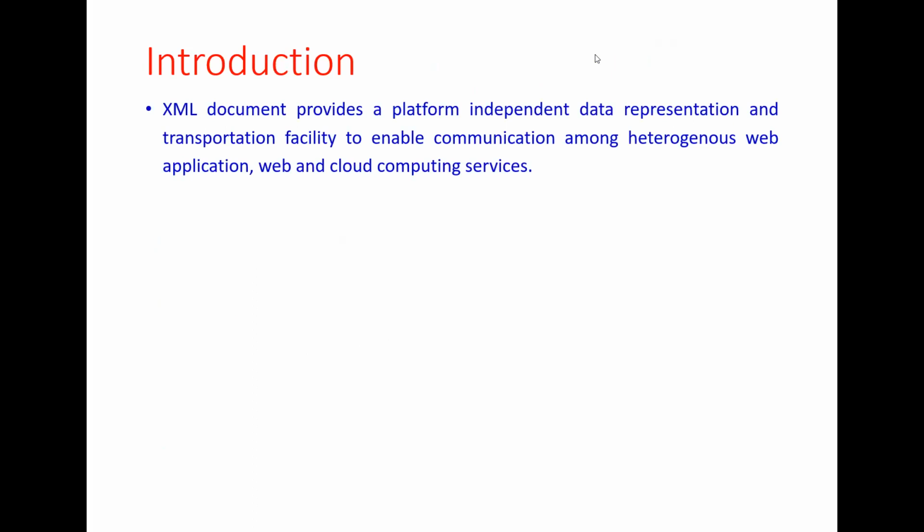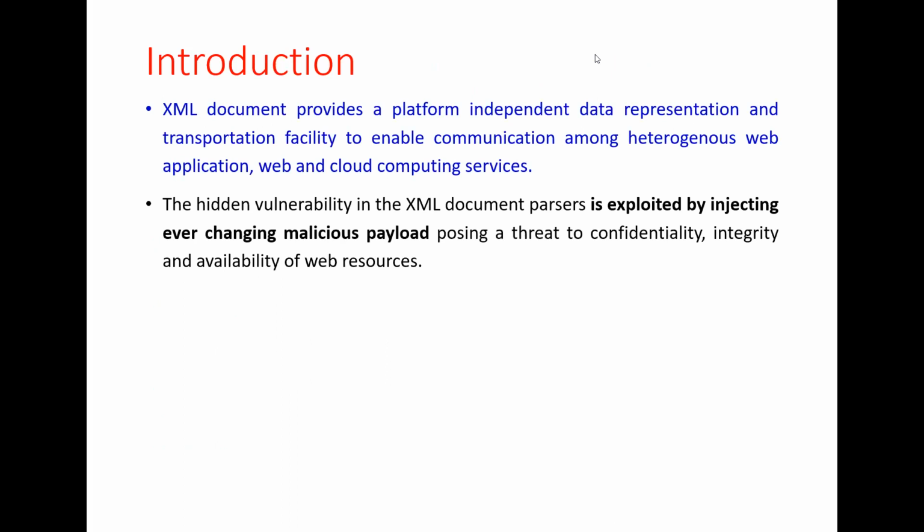XML documents are widely used to communicate among heterogeneous web applications and cloud computing services, as they provide data representation and transportation facility. These documents are parsed by XML parsers, which may have hidden vulnerabilities. The attackers exploit these by injecting malicious payload and pose a threat to the confidentiality, integrity, as well as availability of web resources.